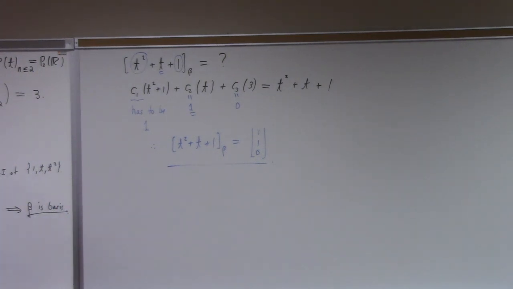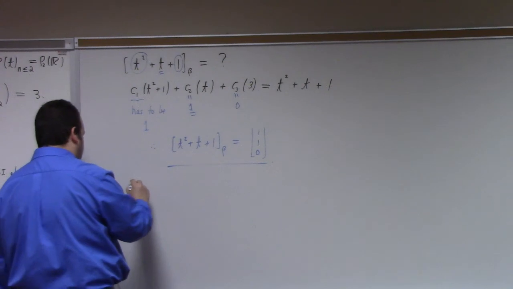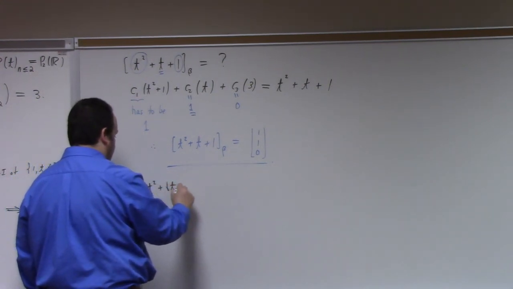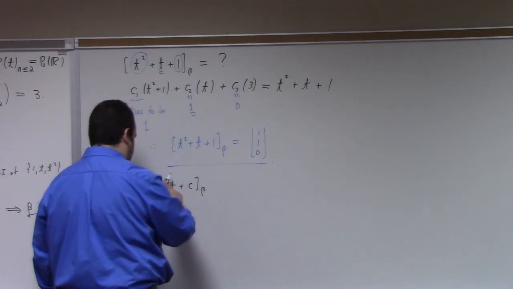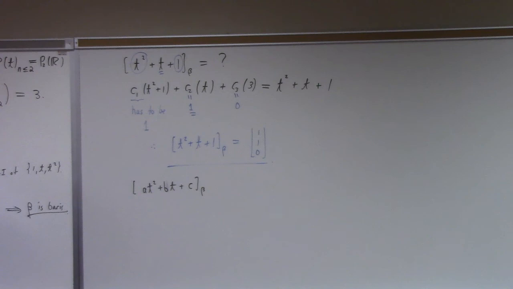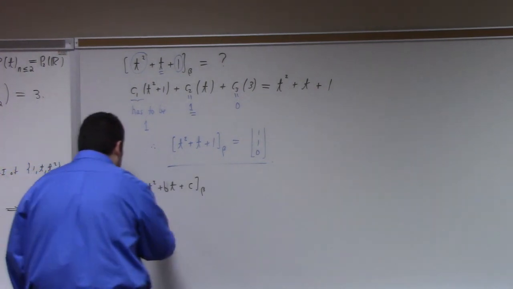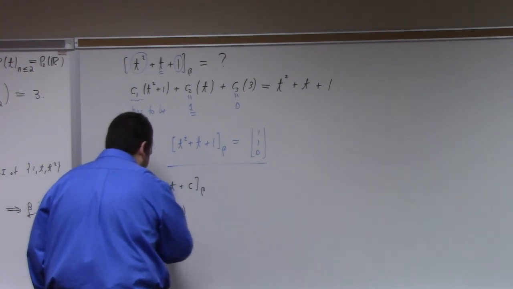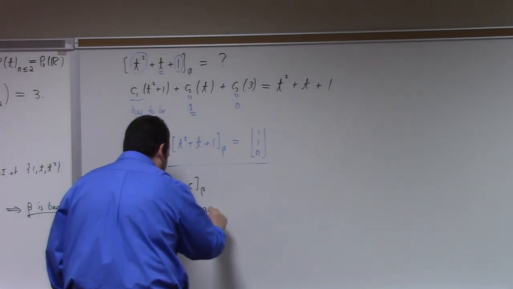Now, what if I asked you instead, find the coordinate vector of at squared plus bt plus c with respect to the beta basis? Now, should you try to eyeball that one? Probably not. But if we're adventurous, maybe we can get away with it. Because it's got to be a times t squared plus 1. If I do that, I have to subtract a.